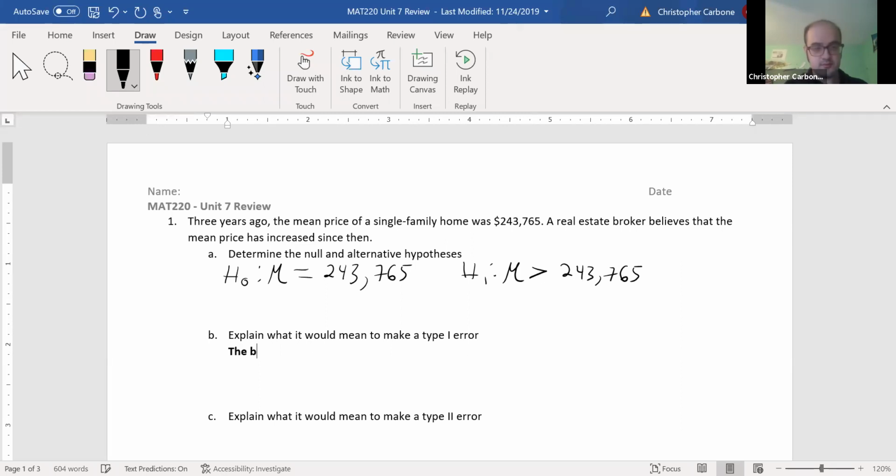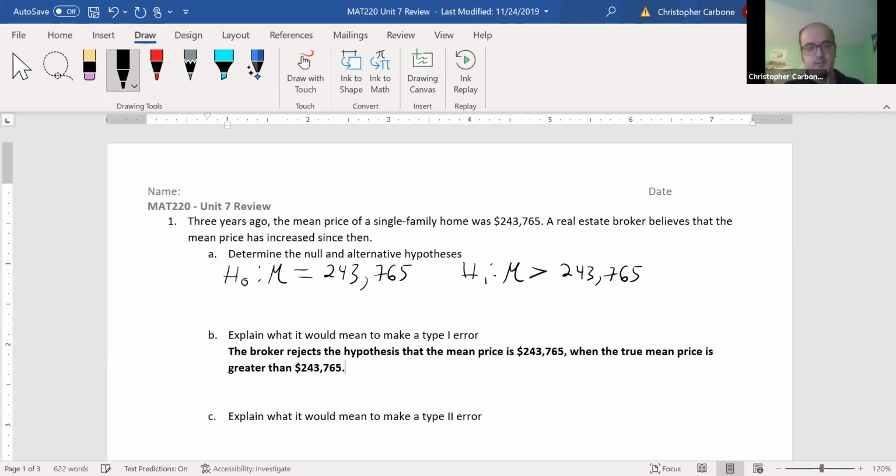So the broker rejects the hypothesis that the mean price is $243,765 when the true mean price is greater than $243,765.